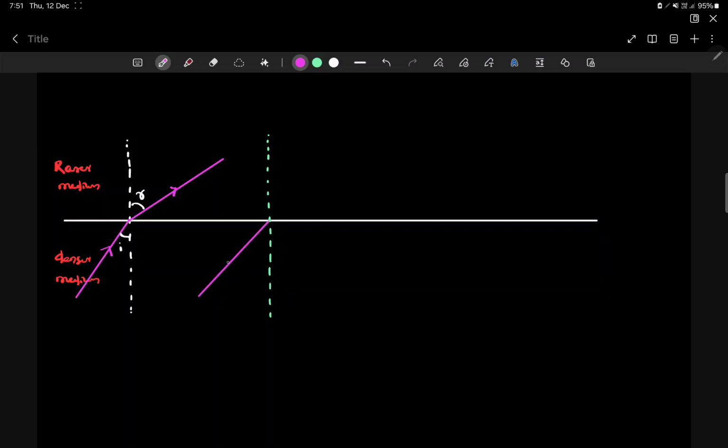On increasing the angle of incidence, the angle of refraction also increases. But this is angle R, this is angle I. If you continue this process, see, this is the normal. On increasing the angle of incidence again, for a particular angle of incidence, the refracted ray travels along the interface.